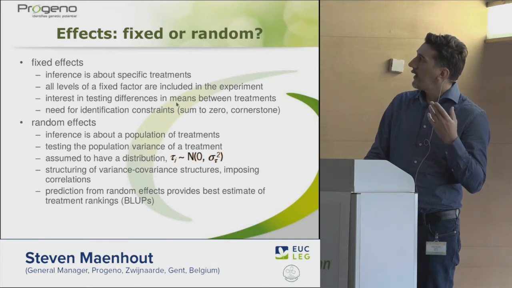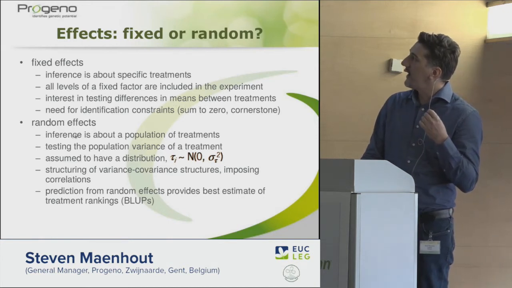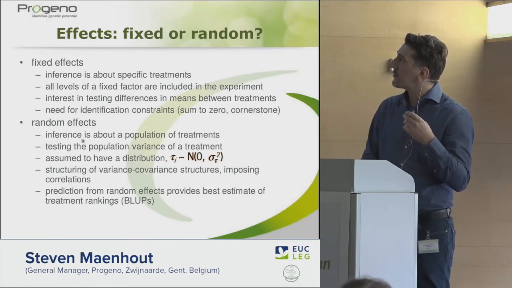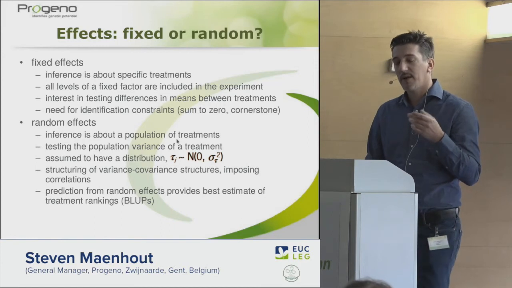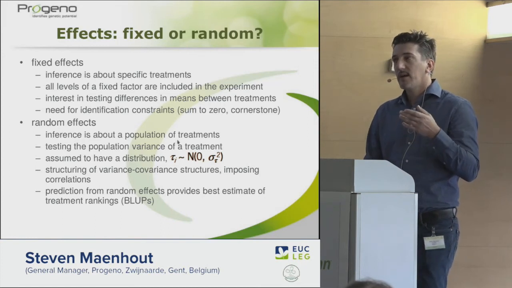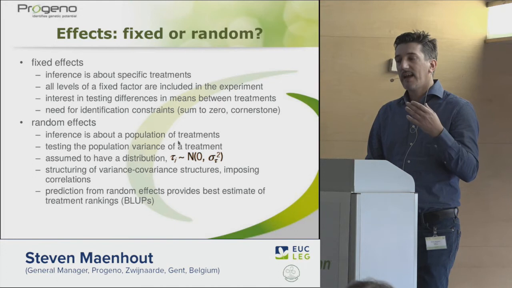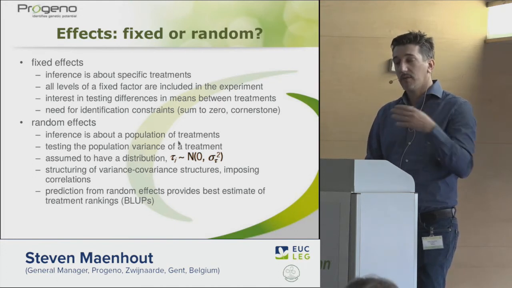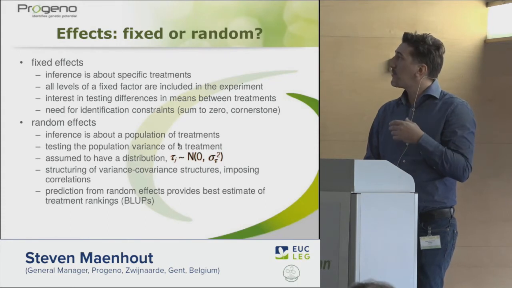Now, it becomes a little bit more tricky in the random effects part, where you say the inference is about the population of treatments. That's a very hard way of saying you're mostly interested in getting an idea of the variance of the parameter of the factor. So that is the population.